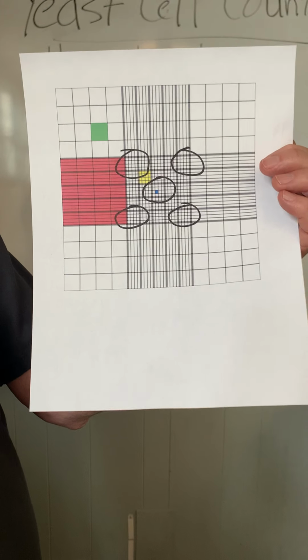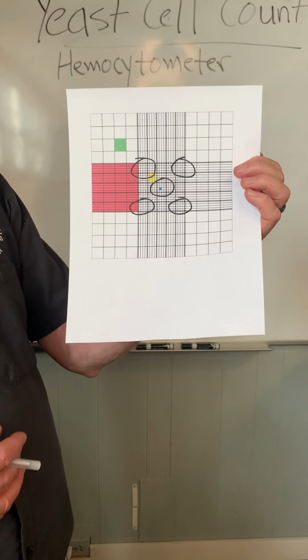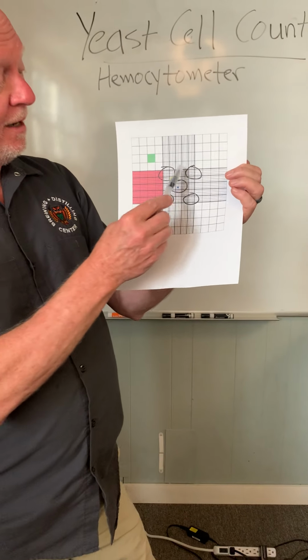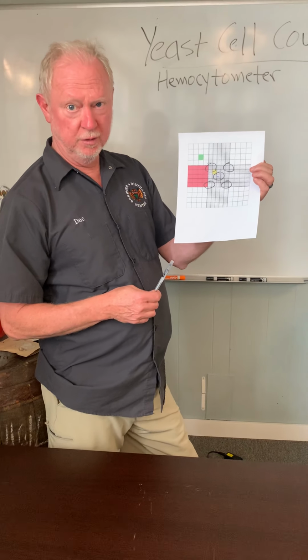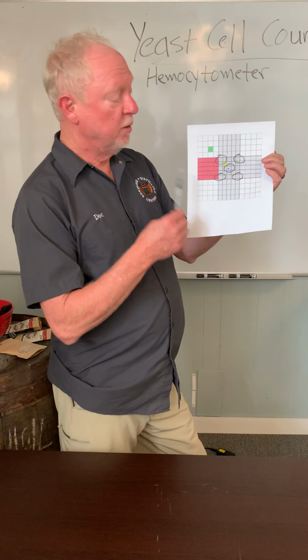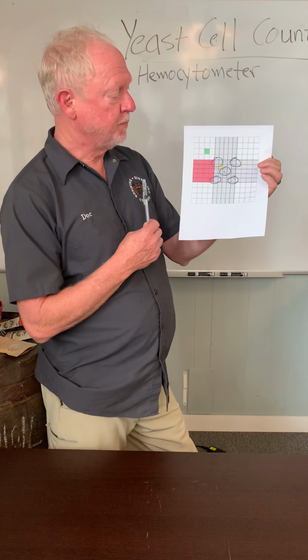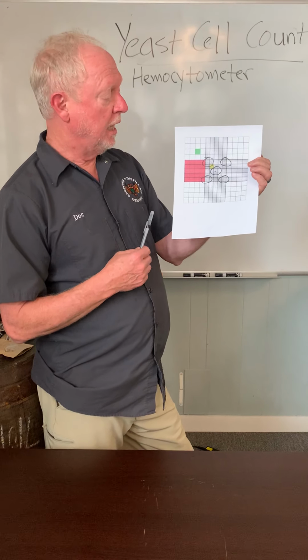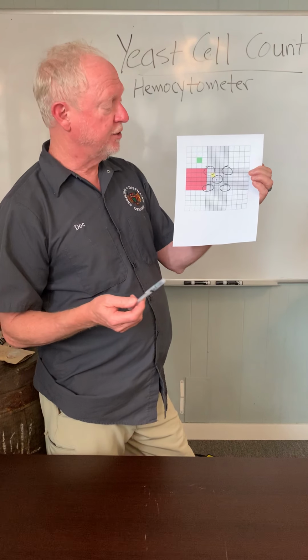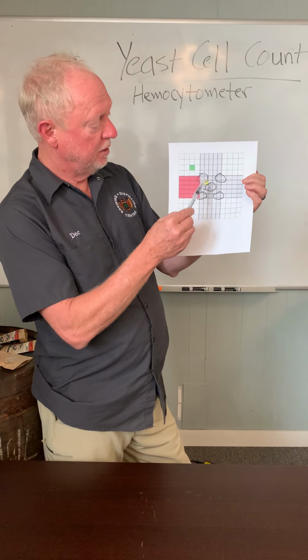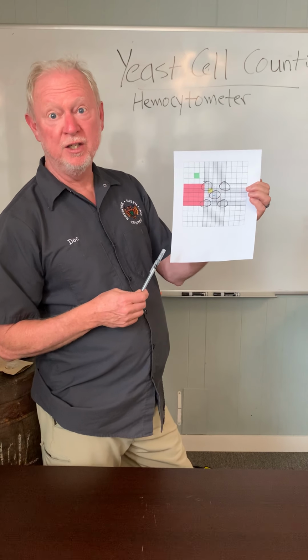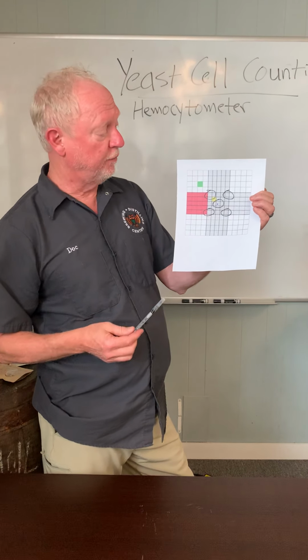So all these squares are so you can keep up with the cells. But I've got 5 of these squares circled for a reason, because when we count our cells under the microscope and do our total yeast cell count, these 5 squares are the areas that we're going to be counting the yeast cells in, and it'll make sense here on our formula.